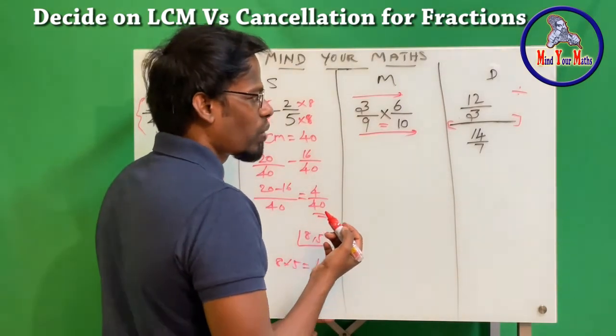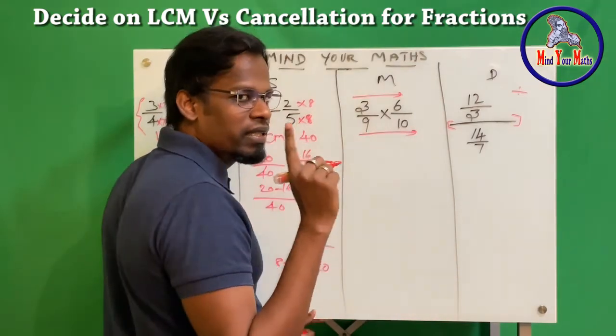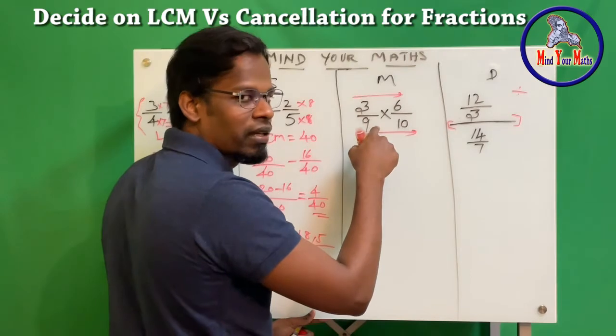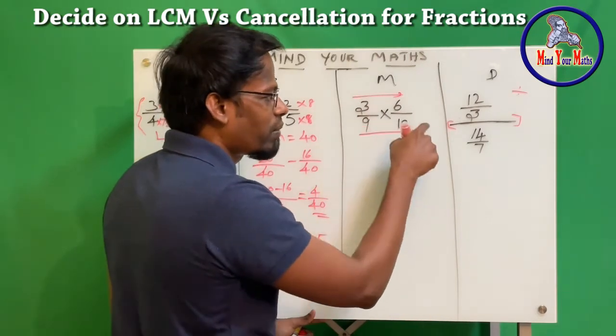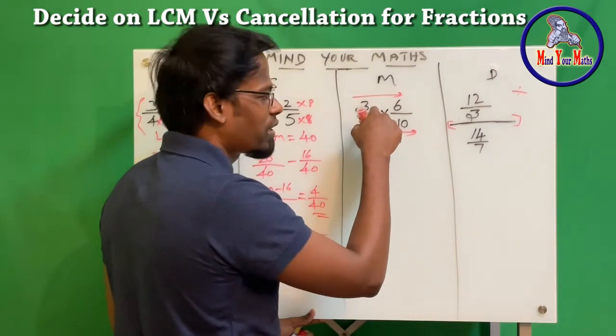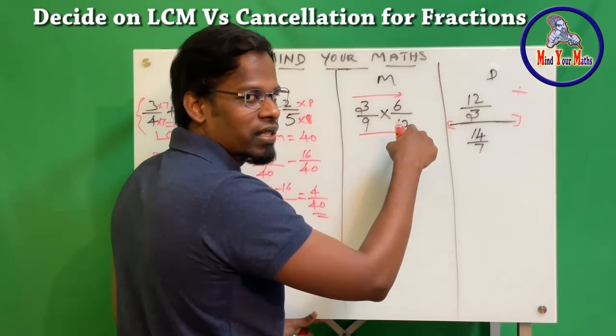So that way you can do it also. And also you always need to pick up one value from the numerator and one value from the denominator. It can be from any fraction, but as long as you pick up one value from the numerator and one value from the denominator, this logic is right.